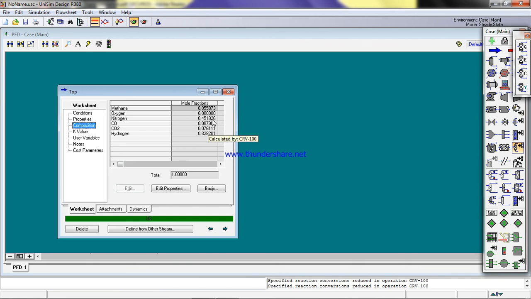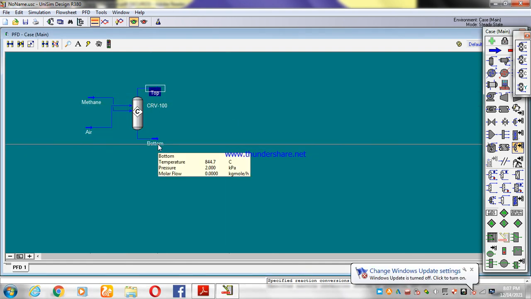Oxygen has been completely used up. Nitrogen comes out, carbon dioxide, and the rest. And then these are the percentages. So the hydrogen is produced at about 32.8% mole fraction. So those are the results there from the top.